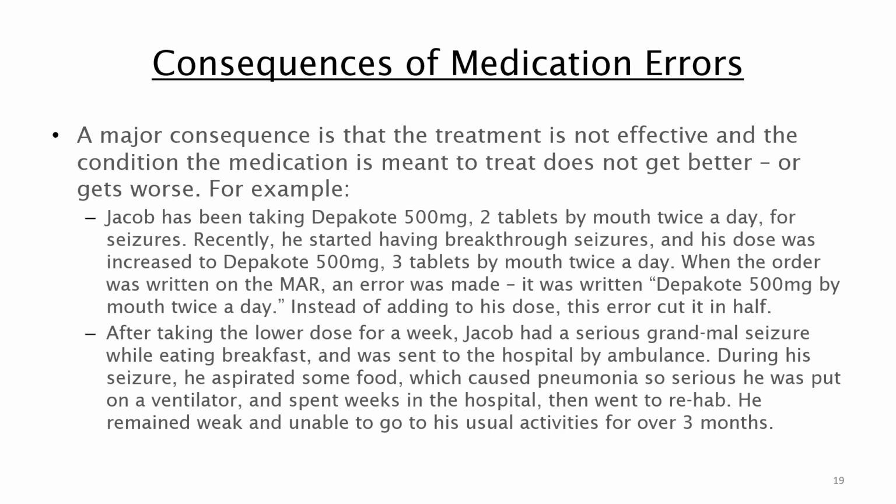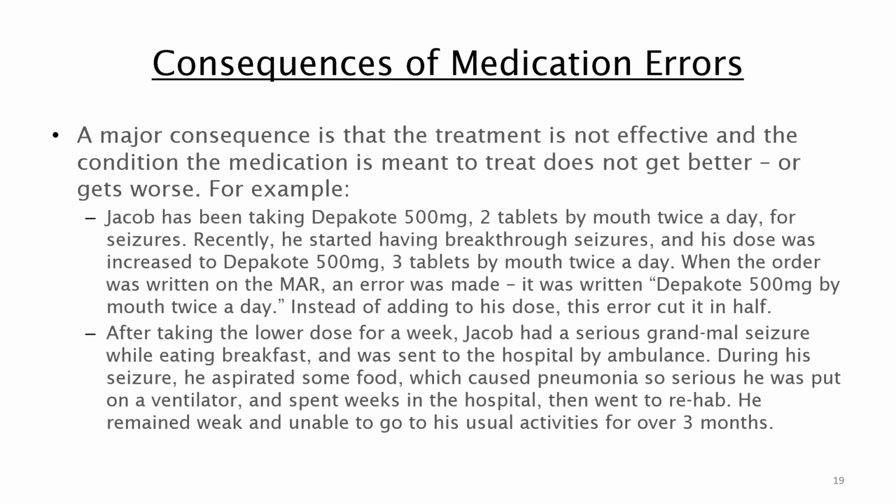Recently, he started having breakthrough seizures, and his dose was increased to Depakote 500 milligrams, 3 tablets by mouth twice a day. When the order was written on the MAR, an error was made and it was written Depakote 500 milligrams by mouth twice a day, instead of adding to his dose. This error cut it in half.